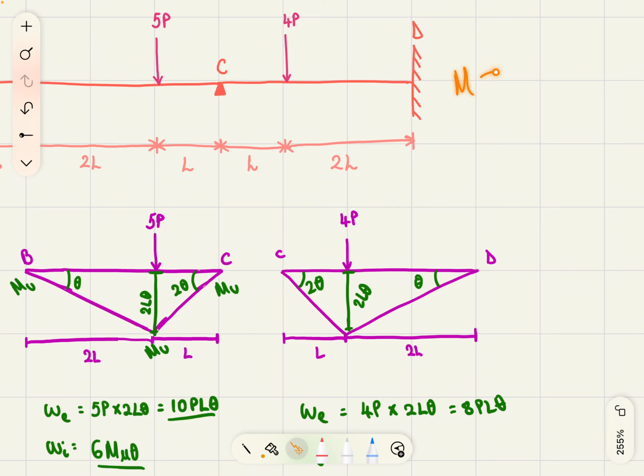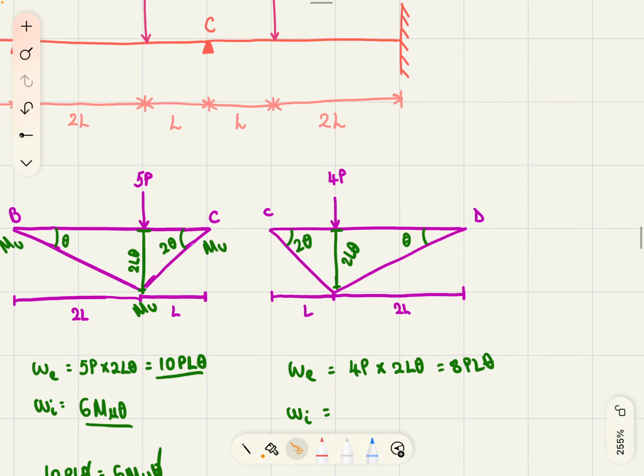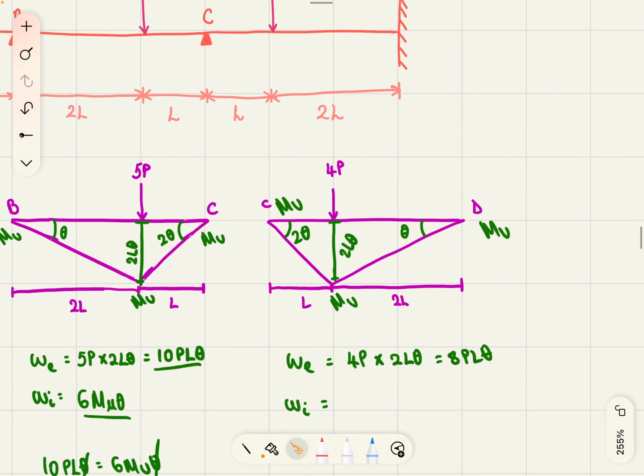Even at point D, we have a moment contribution, because the moment is not equal to 0 here. So let's do Mu, Mu, Mu. So we're going to do 2 Mu theta plus 1 Mu theta plus 3 Mu theta, so 6 Mu theta.